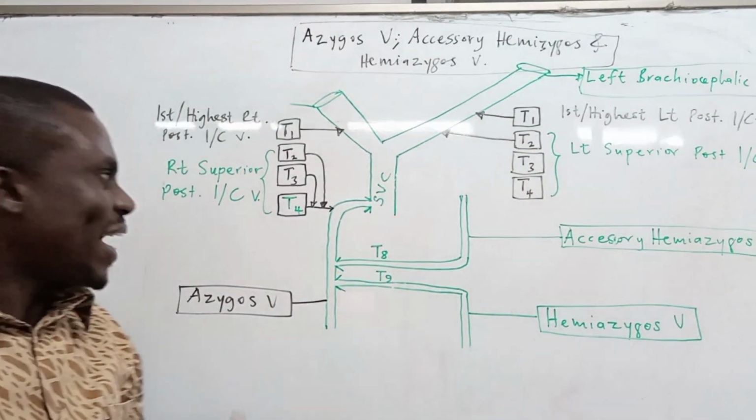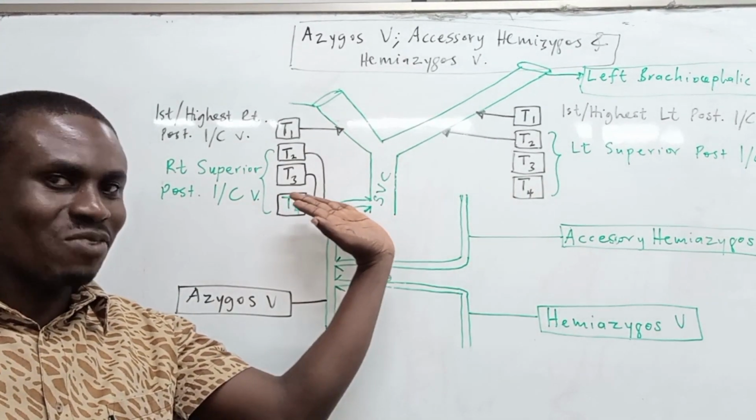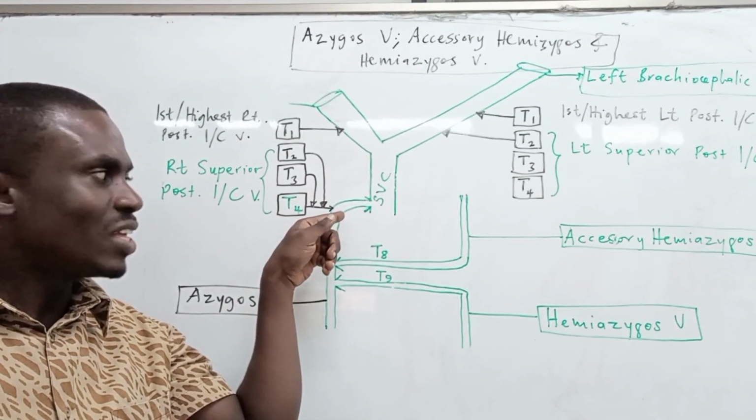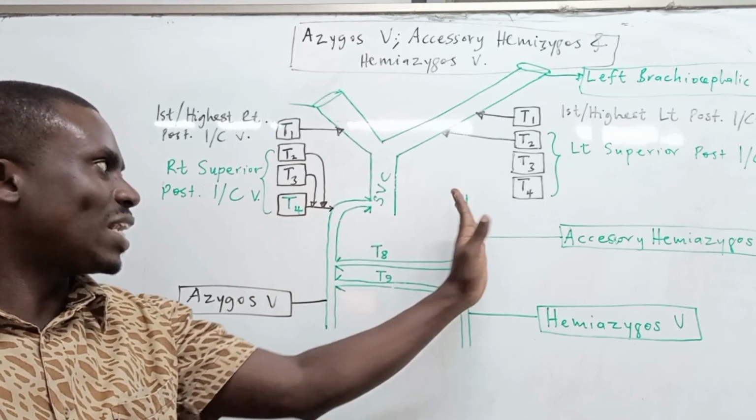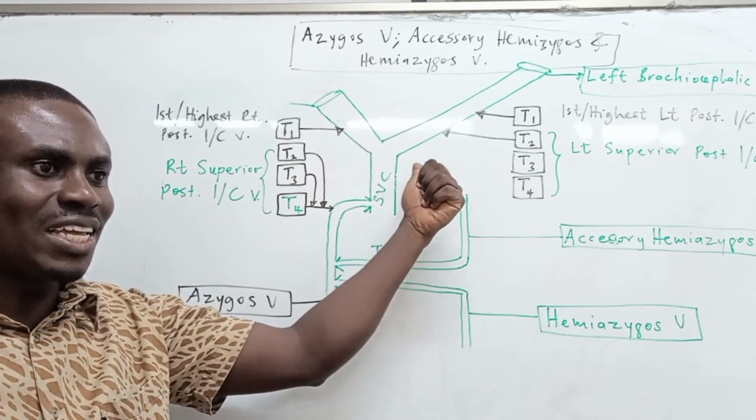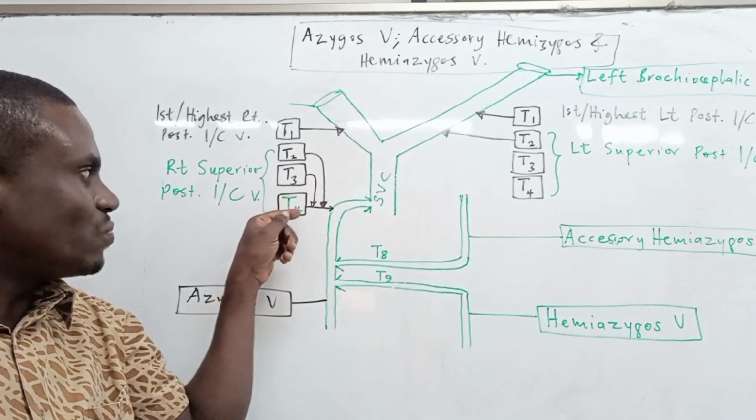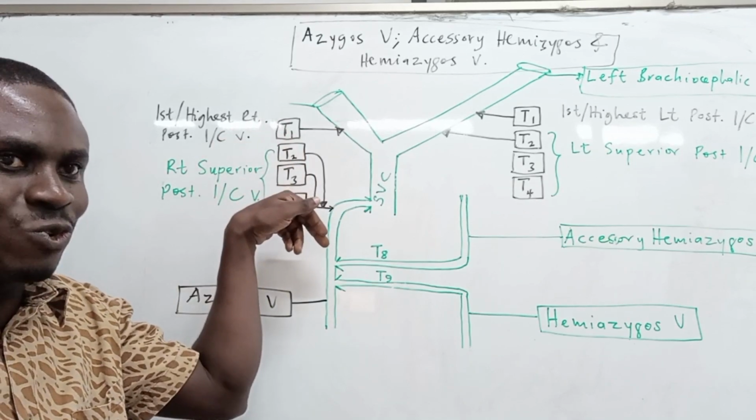In the case of the right, the T4 was enough to drain into this one. Now this one is not arching over here so that it can drain in here. That's why the T4 could drain, so that the other two could join it.